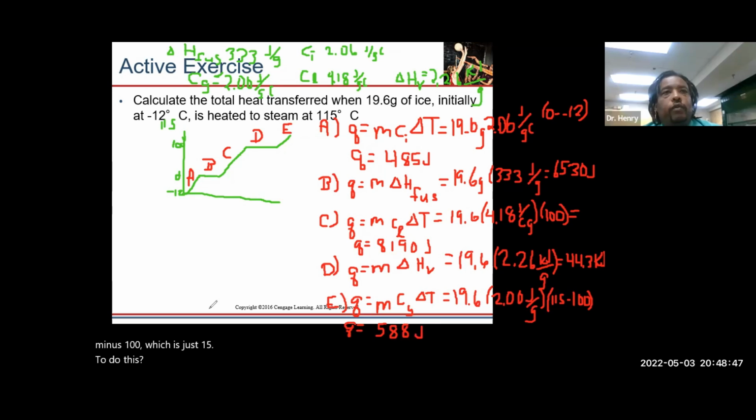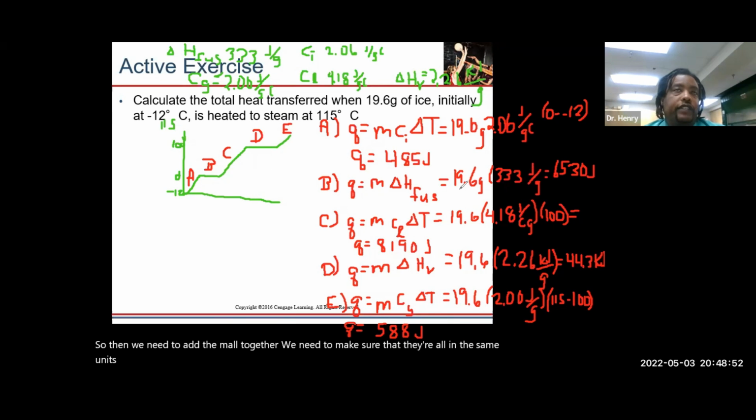Okay, so then we need to add them all together. We need to make sure that they're all in the same units. So either we have to change everything to kilojoules or change everything to joules. It might be easier to change everything to kilojoules.